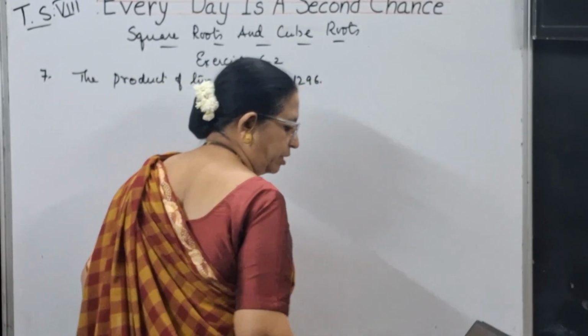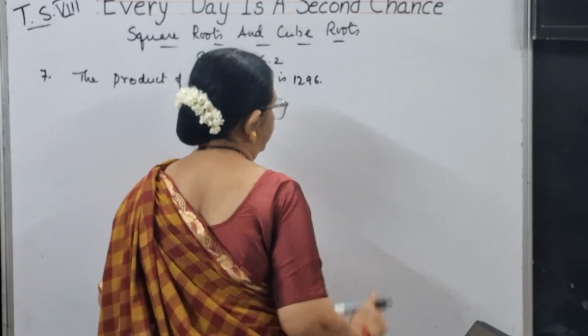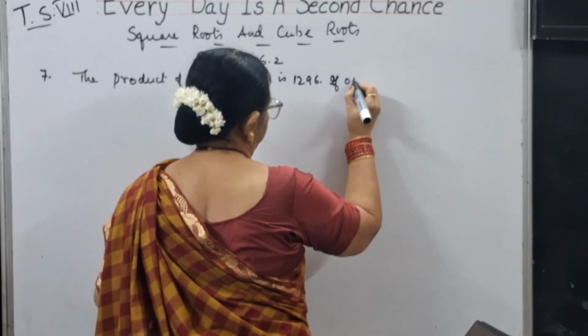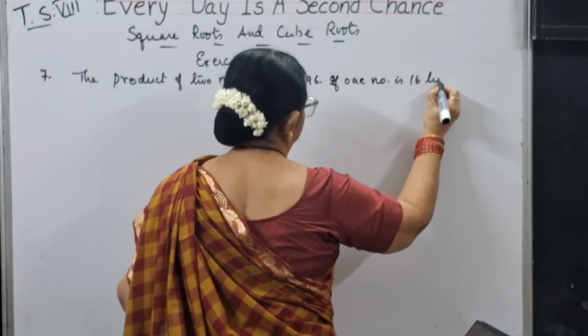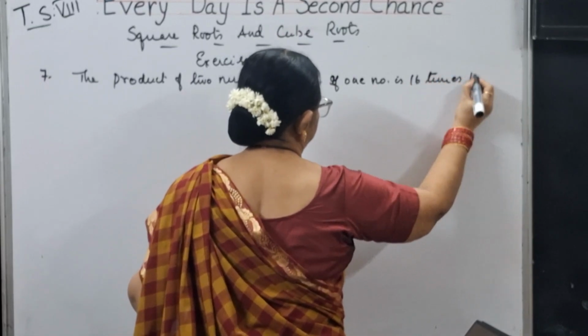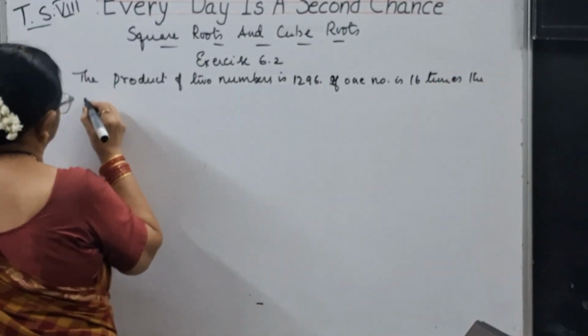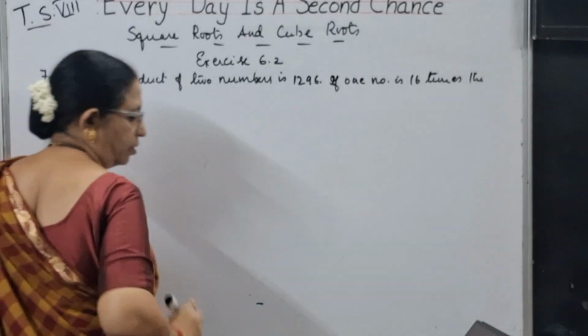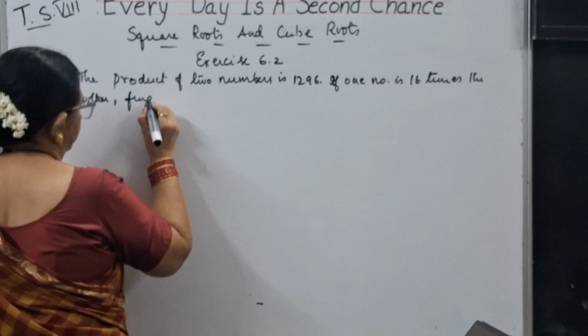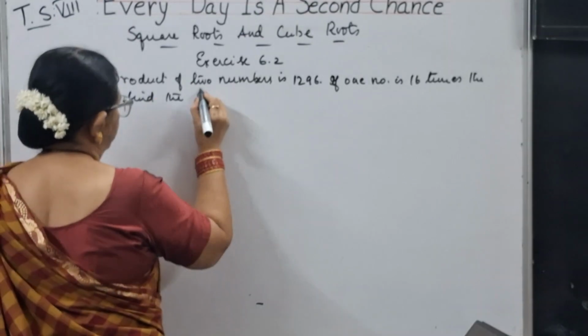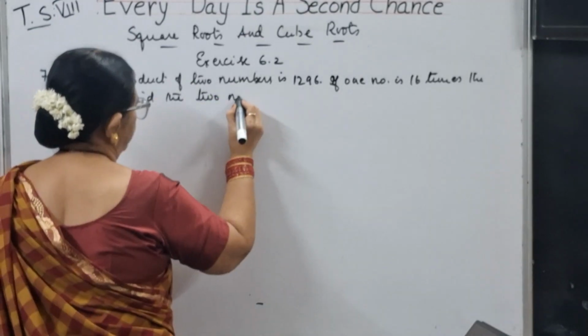Then if one number is 16 times the other, find the two numbers. Find the two numbers.